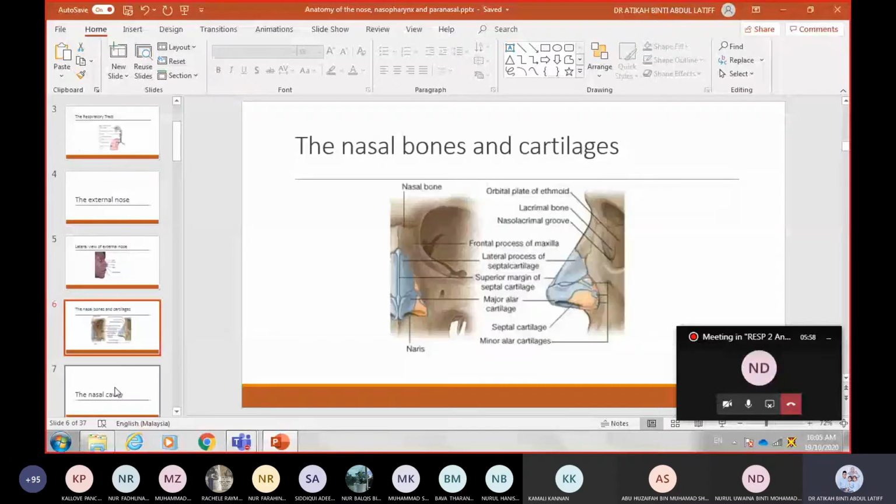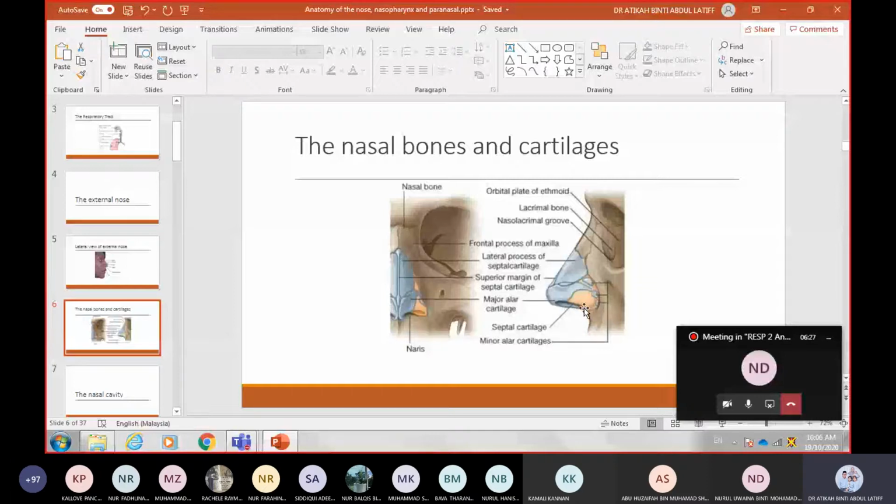So just to show you, if we dissect, we remove the skin and fat layers on your nose, you will find that the most part of your nose is made of cartilage and not bone. The nasal bone is actually just quite small here, in the upper side of your nose. Okay, just a small part of the nasal bone. Most part of your nose is made of cartilage.